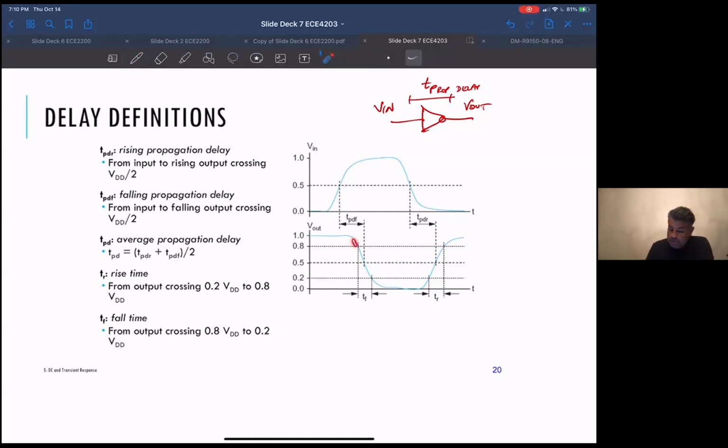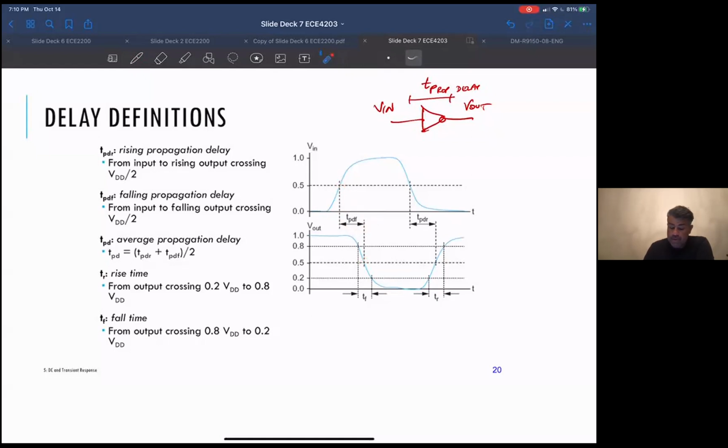So when the output is falling, you call it the prop delay fall, or TPDF. Okay, so by definition, because it's an inverter, the input's rising at that point. So it's from the 50% point here to the 50% point here.